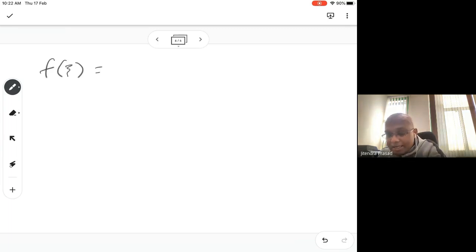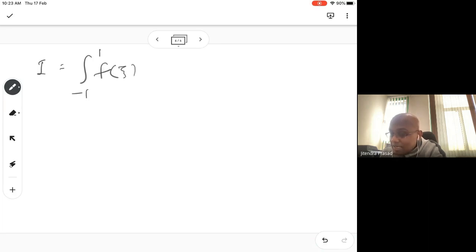Let's talk about integration. In general we are talking about I, which is equal to the integral from -1 to 1 of f(xi) d xi.